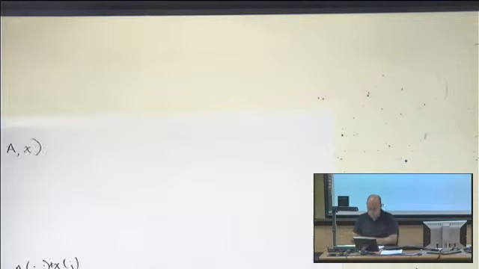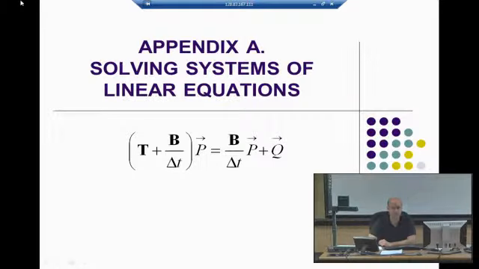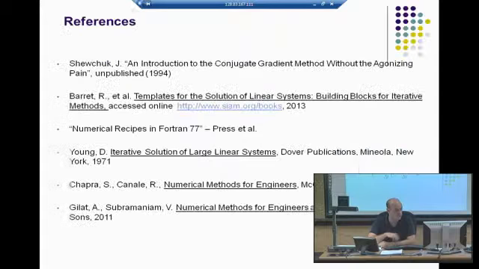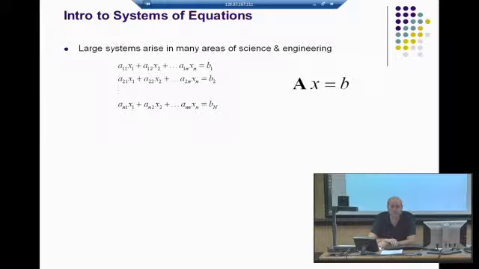So let's move on. Let's go to systems of linear equations. Systems of linear equations are really important in all sciences and engineering, especially for reservoir simulation, because everything we do is we're going to set up a linear system of equations. The way I teach it in Reservoir 3, the equations will look like this, but in general, they're more along the form of AX equals B, which is what I've shown over there.